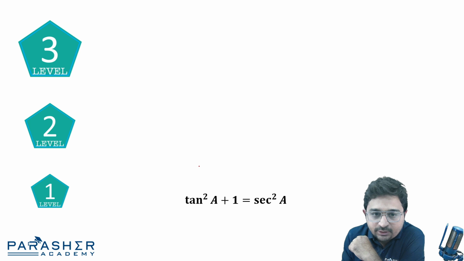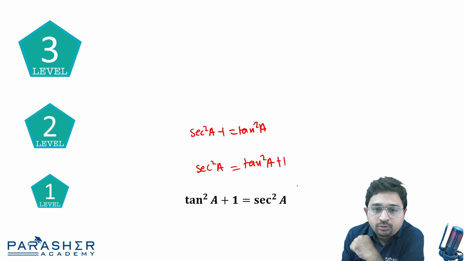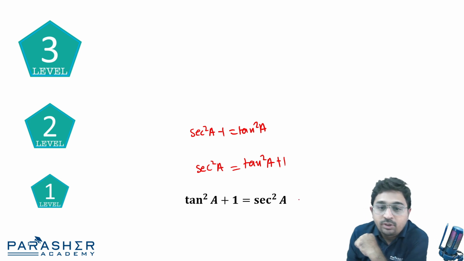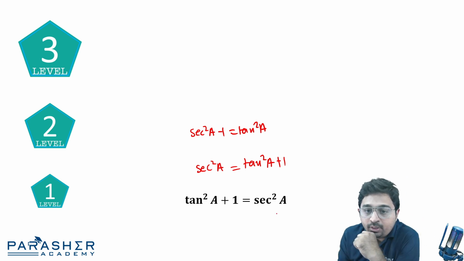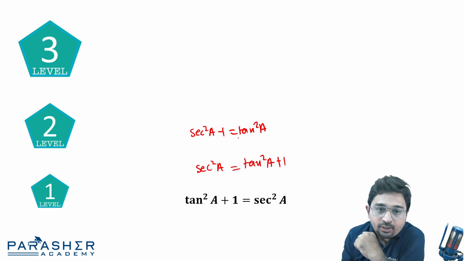If I rewrite this as secant square A equal to tan square A plus 1, I just swapped LHS and RHS, and if I get 1 onto the left hand side, it becomes secant square A minus 1 equal to tan square A. So not just memorizing tan square A plus 1 equal to secant square A, you should also be familiar with secant square A minus 1 equal to tan square A. Not only that, instead of 1, if I get tan square A to the LHS, what happens?